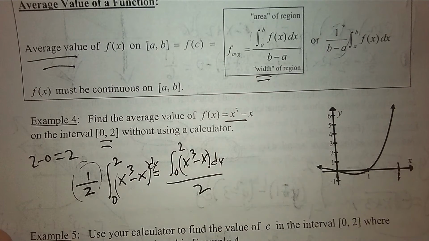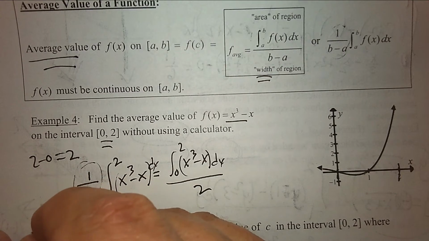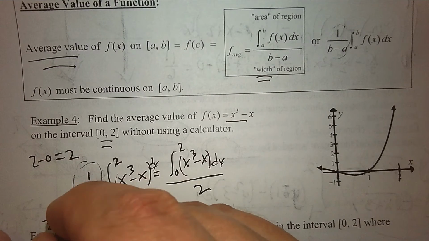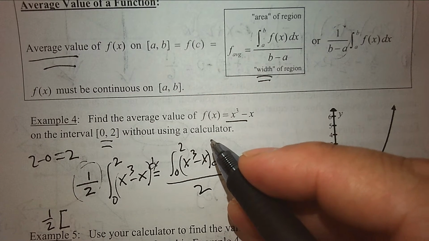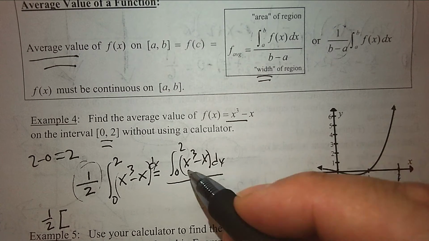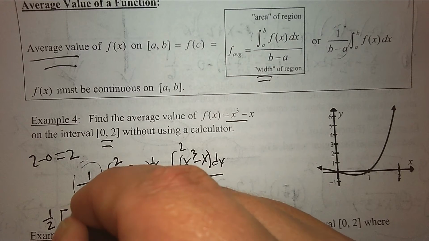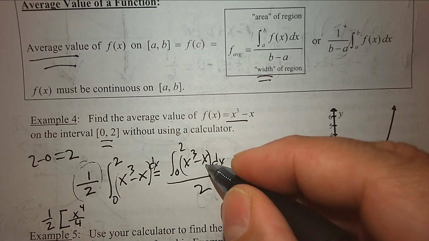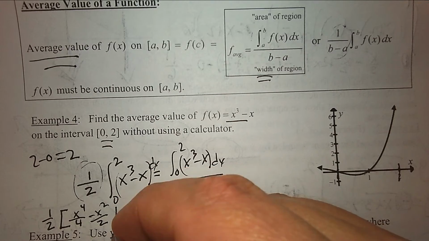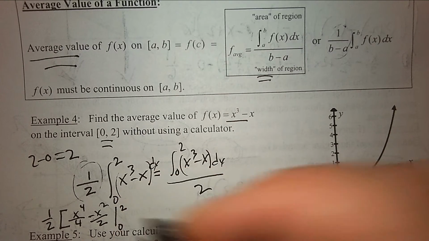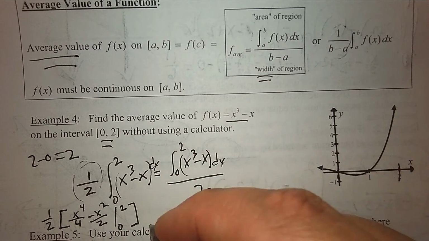So I'm going to stick with the 1/2 in front, and use brackets or parentheses. Could you integrate x cubed minus x? Add 1 to the exponent: it's x to the 4th divided by 4, minus x squared divided by 2, and we're integrating from 0 to 2. And then close it.